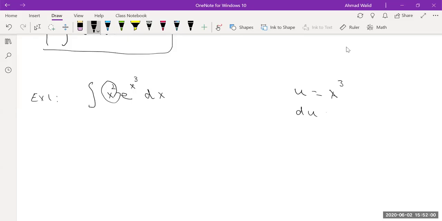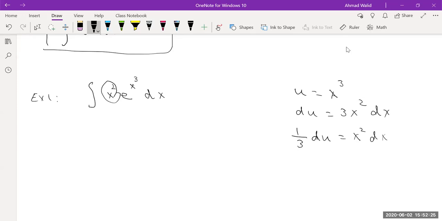Then your du equals 3x squared dx. If you solve this one for x squared dx, you divide both sides by 3, correct? That gives you du over 3, or 1/3 of du equals x squared dx.